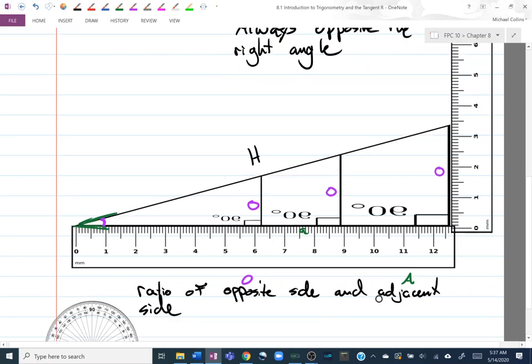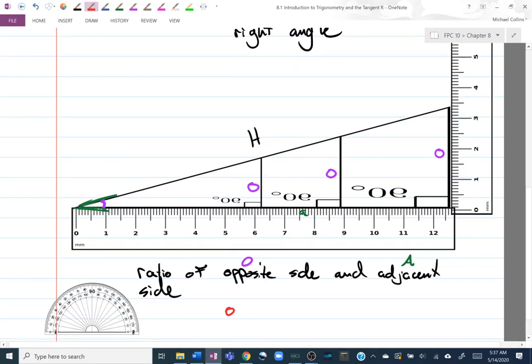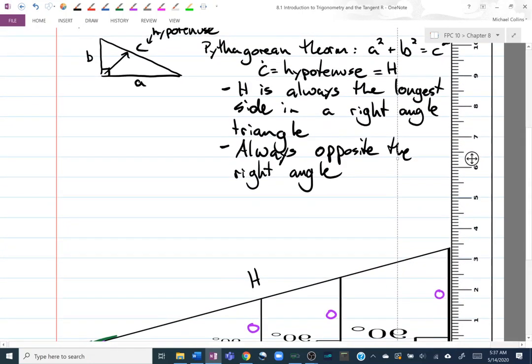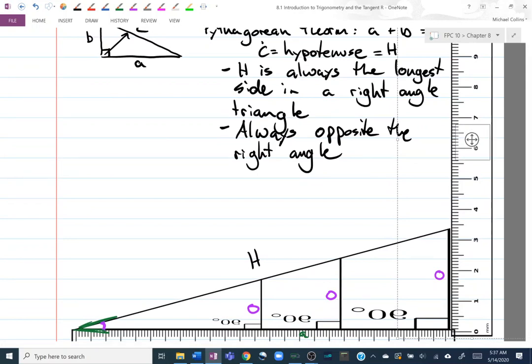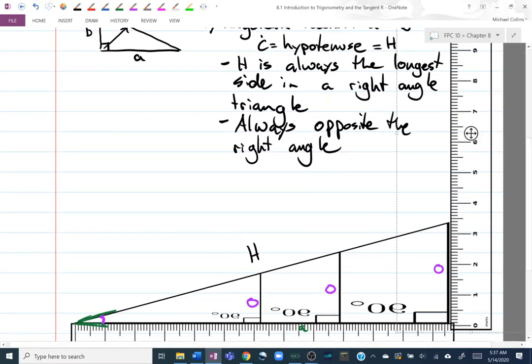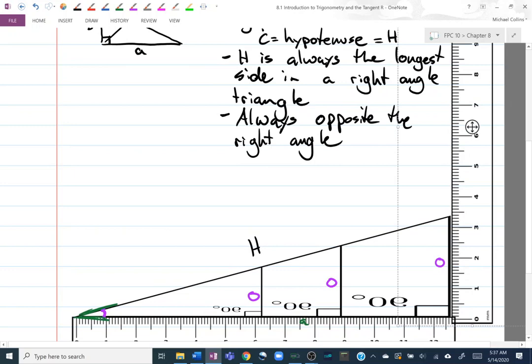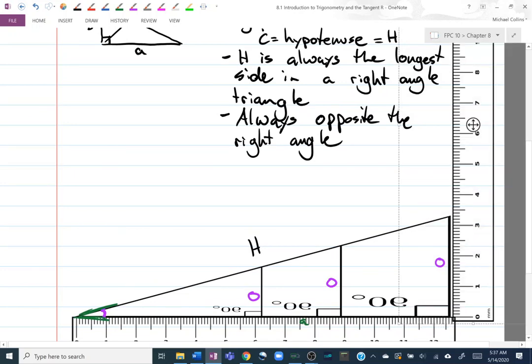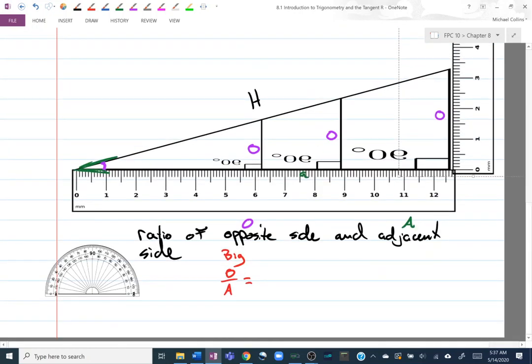And I see that my opposite over adjacent ratio for my big triangle, maybe I'll label it big, is going to be about, this is off a little bit, I'm going to have to move it up. If I line the bottom up with the bottom of the triangle, it should be at about 3.3.